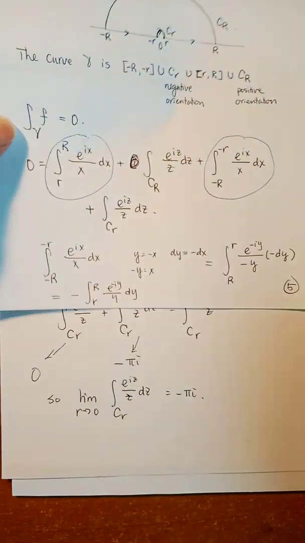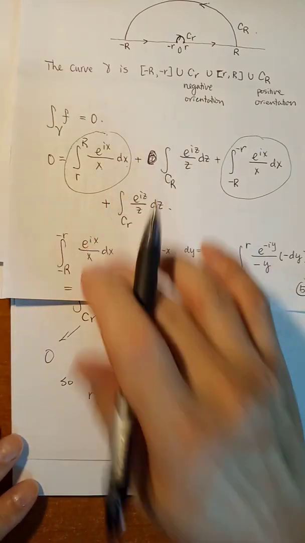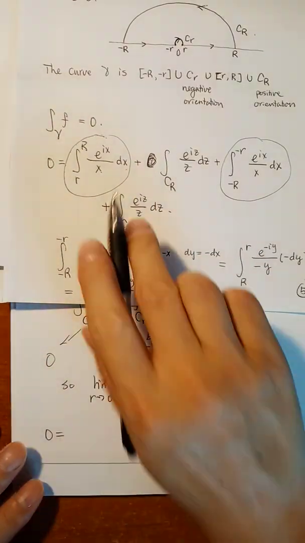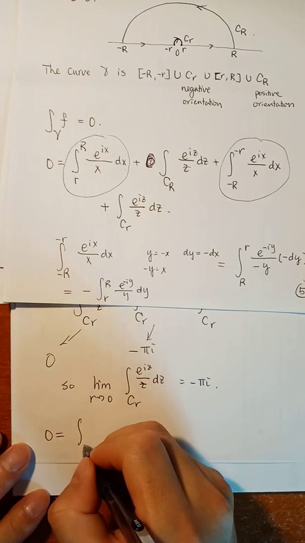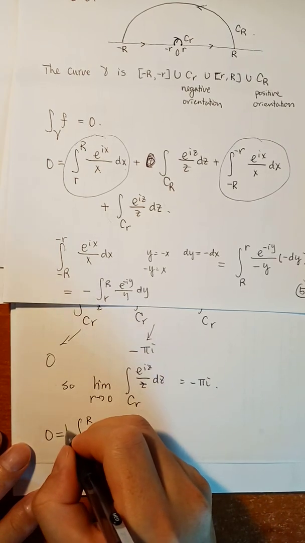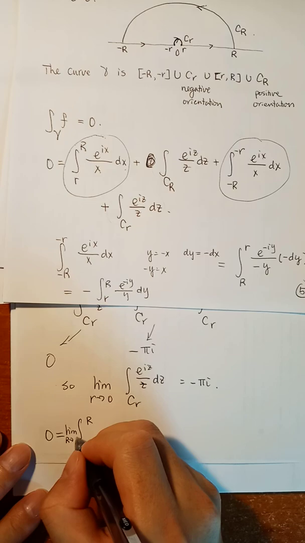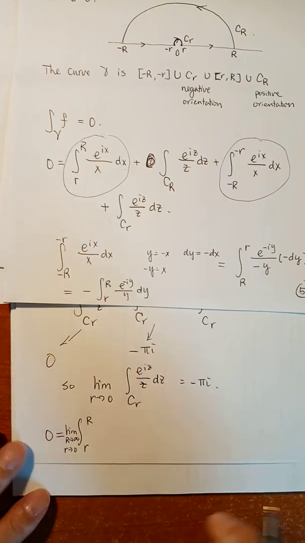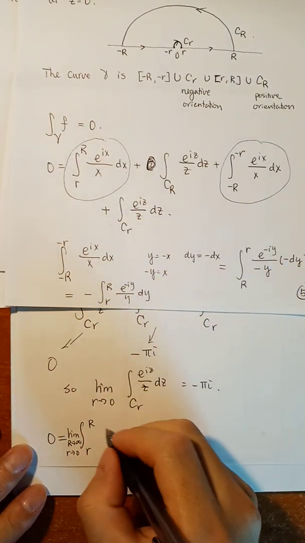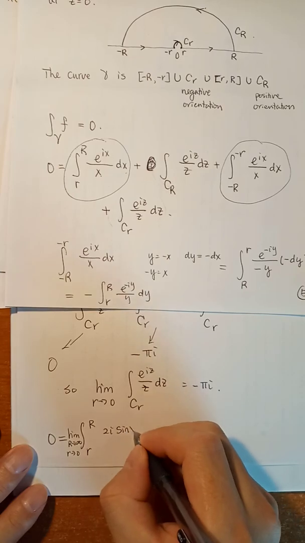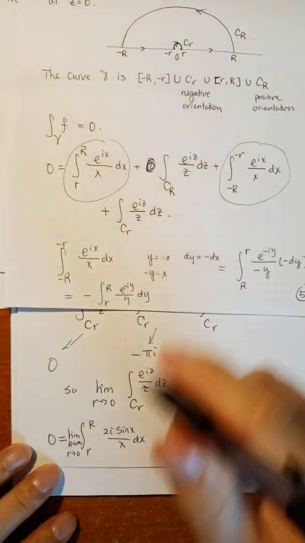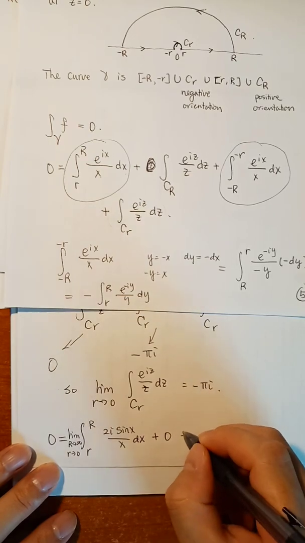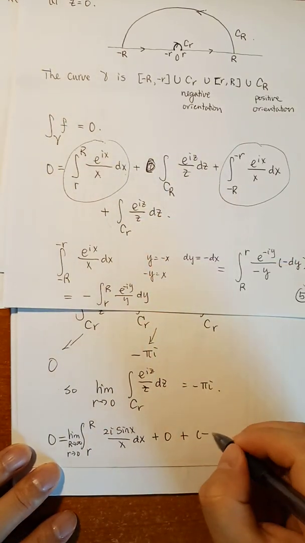So let's summarize. We get 0 is equal to the first plus third term, which is the limit as R approaches infinity and r approaches 0 of the integral of 2i sine x over x dx, plus the second term, 0, plus the fourth term, negative pi i.